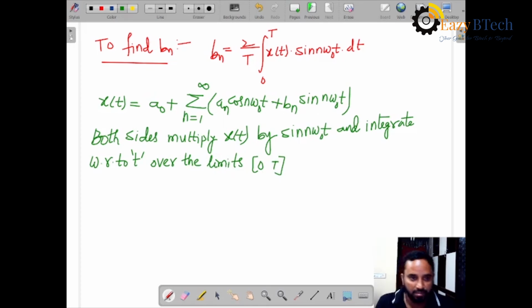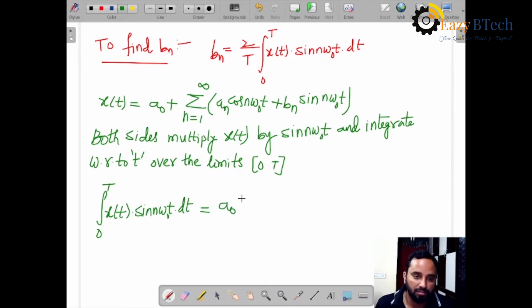So let's have this step. Integral 0 to T of x of t multiplied by sine n omega naught t, and the right side is the same thing.